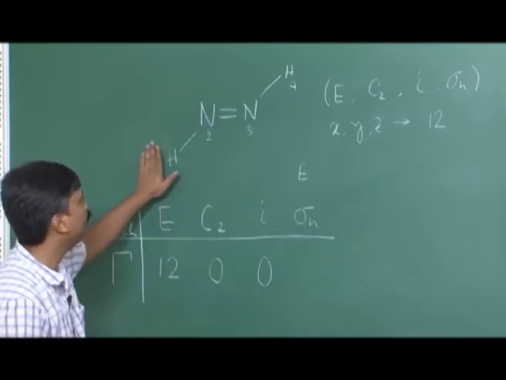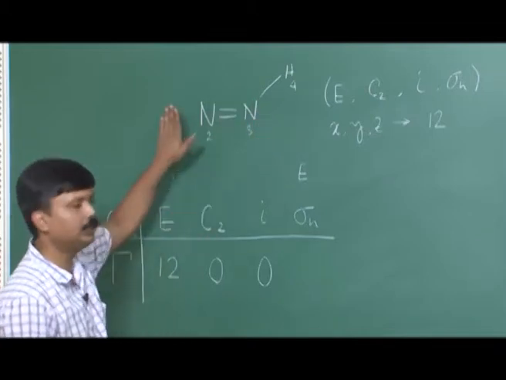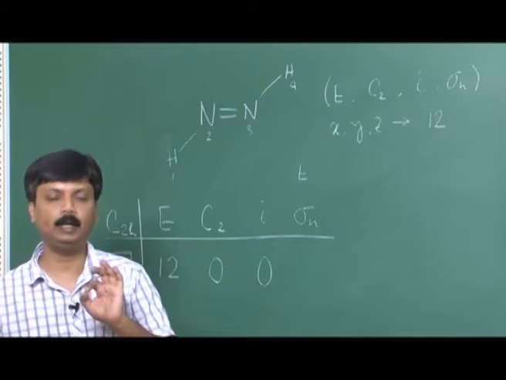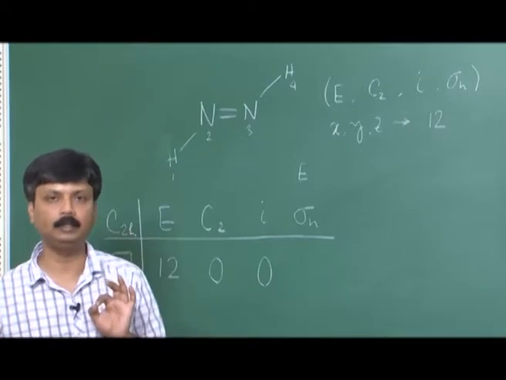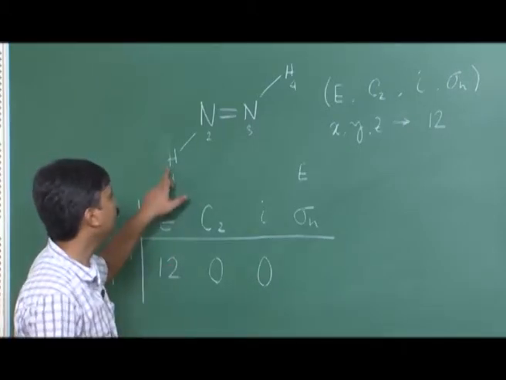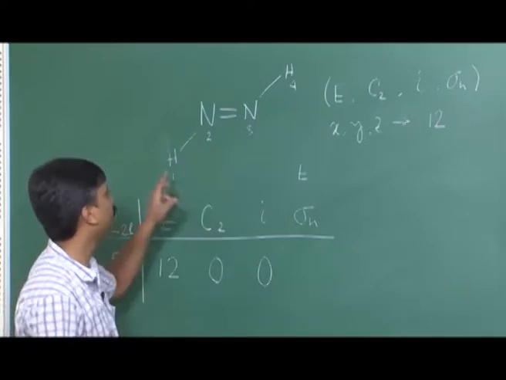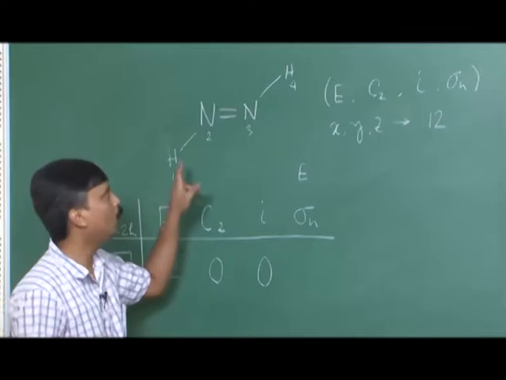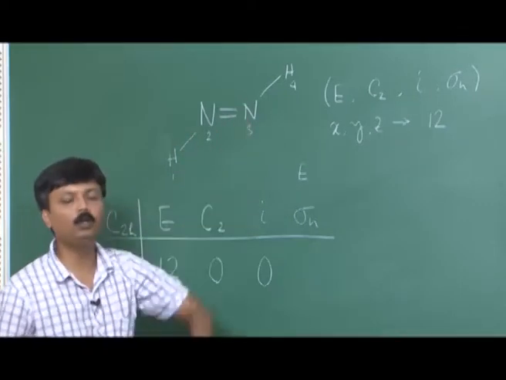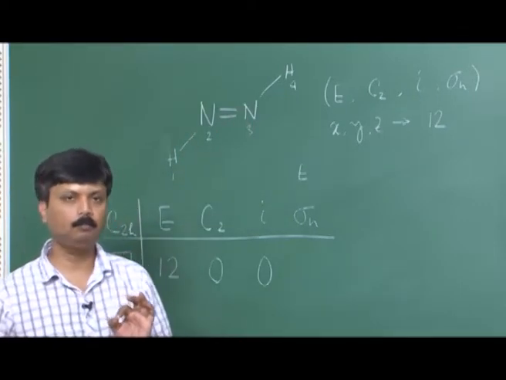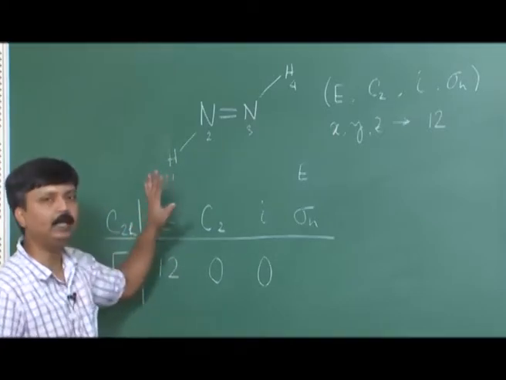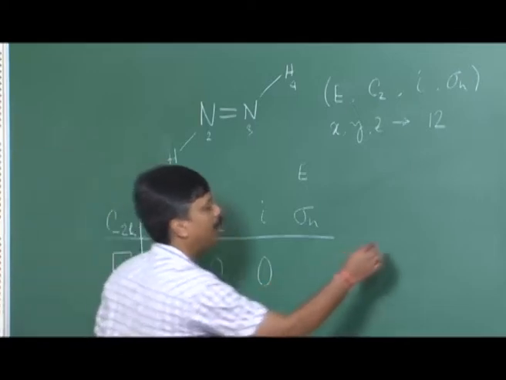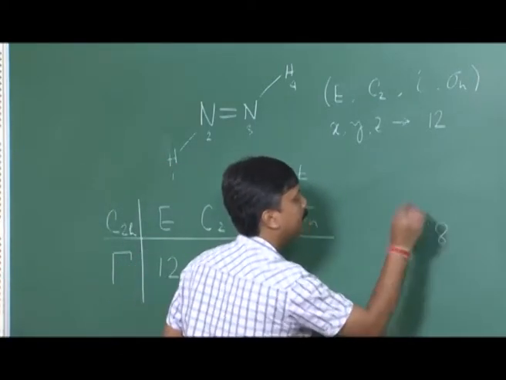So, sigma h will not do anything to x and y, they will remain as they are. So, overall each atom will contribute 1 for x and 1 for y. So, altogether I have 2 into 4, 8 being contributed by the x and y coordinates of all the atoms, correct. So, I have plus 8 contribution.